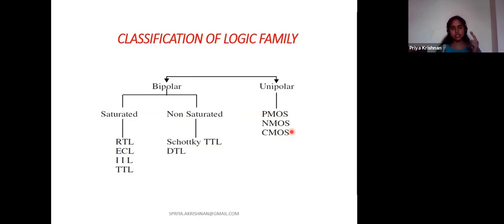So I have two different voltage levels. If I apply the 0 voltage level, then that is 0. If I apply the 5 voltage level, then that is taken as 1. Again, we can have the options yes or no, or true or false. So my yes, my true, my 1, everything will come to 5 volts. My 0, my off, my false, everything will come to 0.